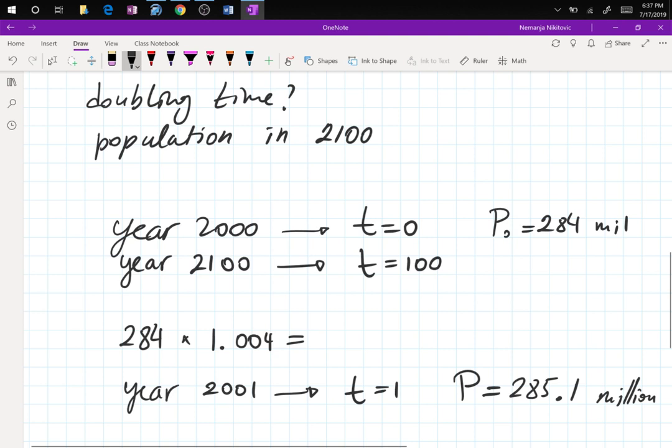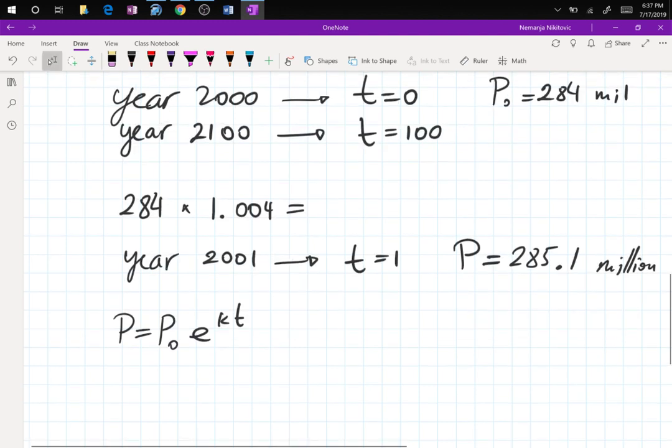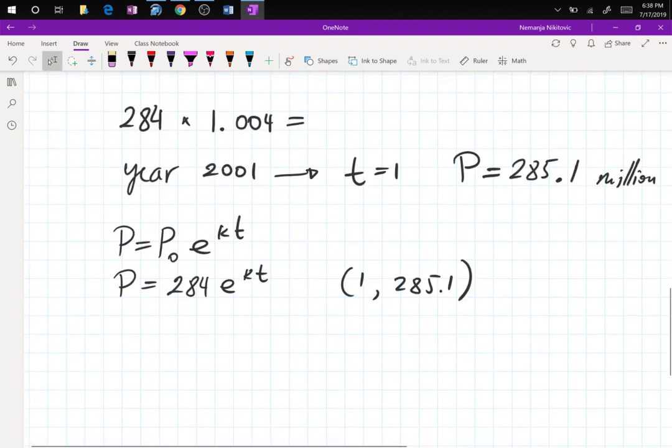So now I have the population model, P equals P0 e to the kt. I know population is growing, so I'm looking for a positive k. That's just keeping in the back of my mind. P equals, initial population is 284, e to the kt, and now I'm going to use t equals 1, 285.1 as a point to calculate k, because this is the next year's population, right?